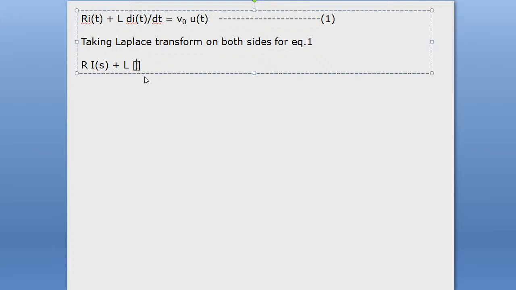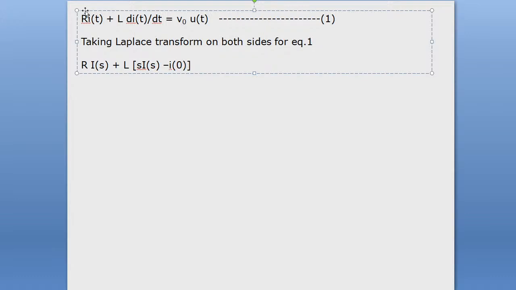Now I can write s I(s) minus the initial value of the current function i(0+), for this case at t equal to 0.